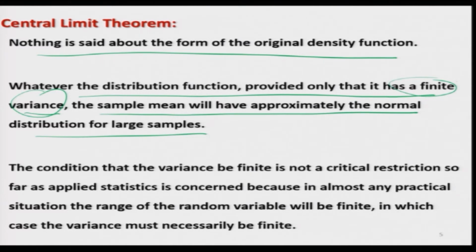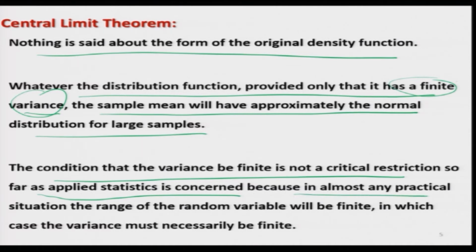There is only one distribution, the Cauchy distribution, which has this problem, that it does not have a finite variance, but for all other cases there should not be any problem. So, the condition that the variance be finite is not a very critical restriction so far as applied statistics is concerned, because in almost any practical situation the range of the random variable will always be finite, and in that case the variance must necessarily be finite.